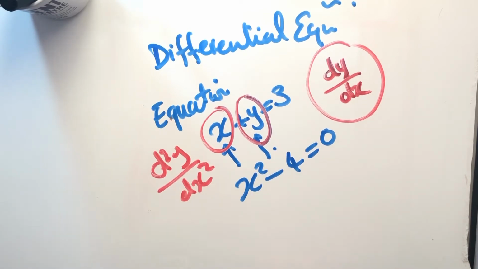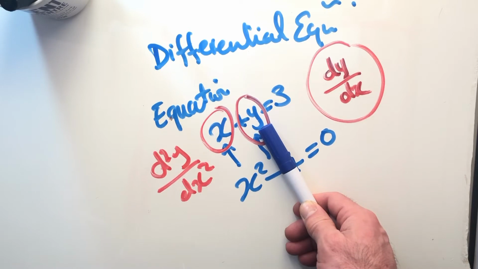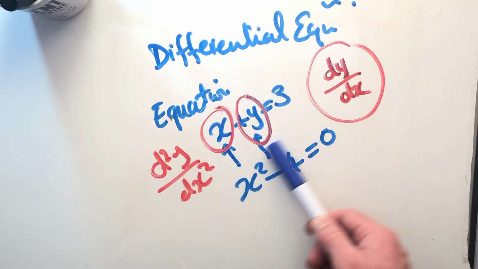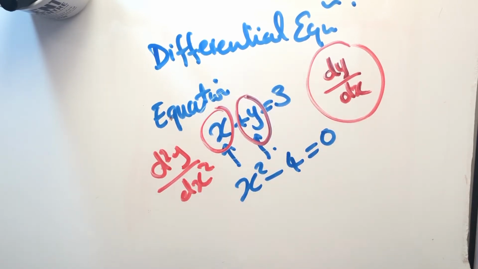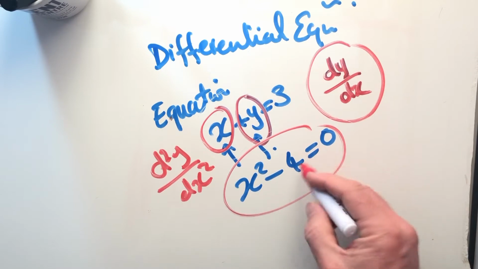Differential equations, what are they? Well, we know what an equation is. An equation is a relationship between two variables, a variable x and a dependent variable y, and that is one type of equation, a linear equation. Or you can have a quadratic equation, x squared minus 4 equal to 0.